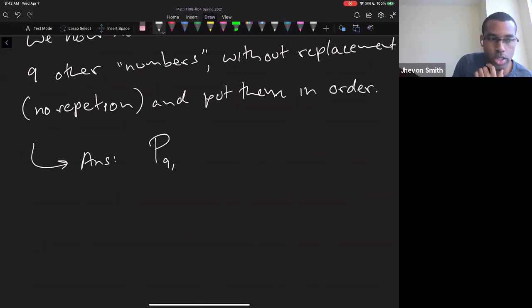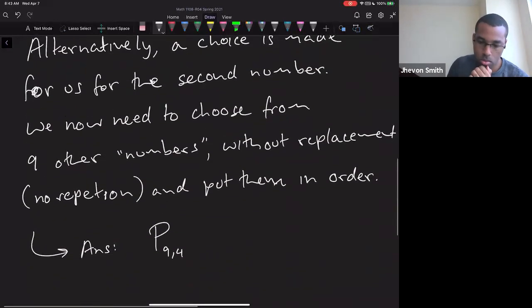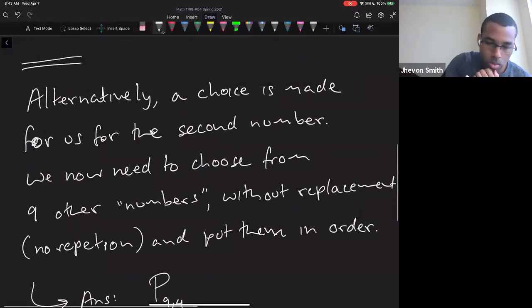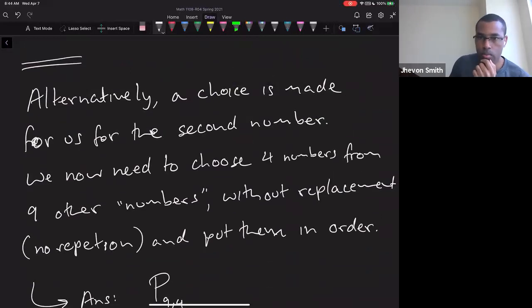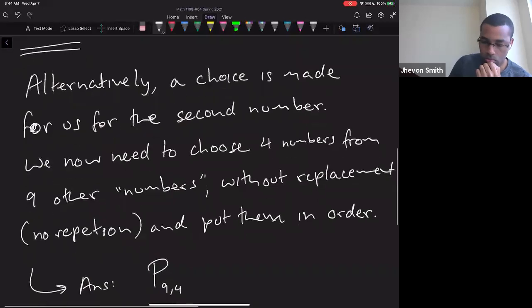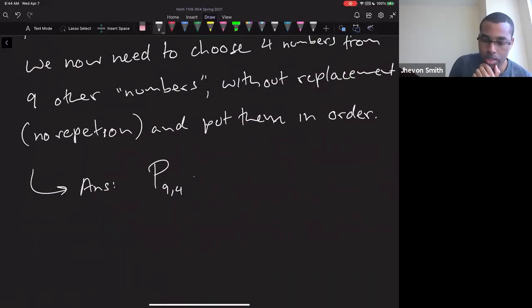P of 9 choose 4. I had to choose 4 numbers from the remaining 9. That happens to be 9 times 8 times 7 times 6.